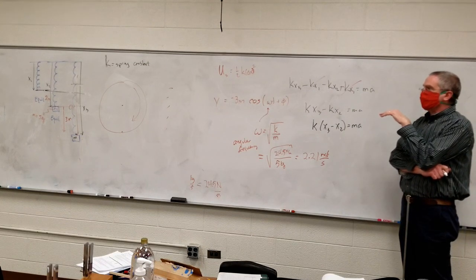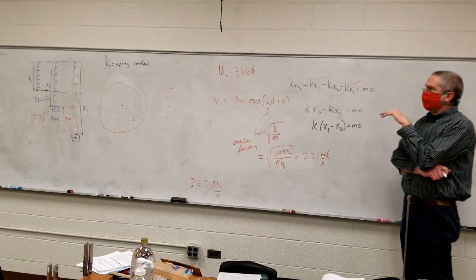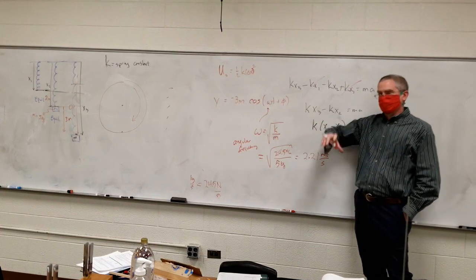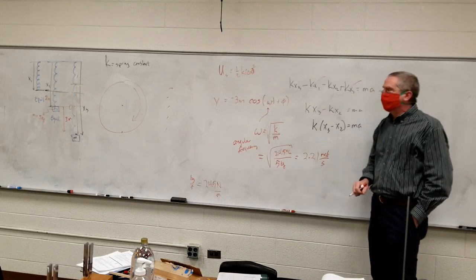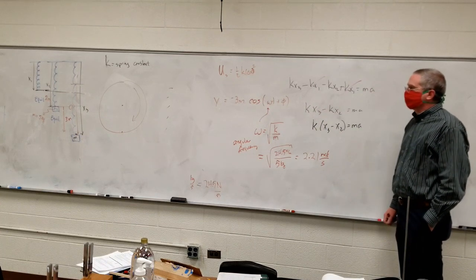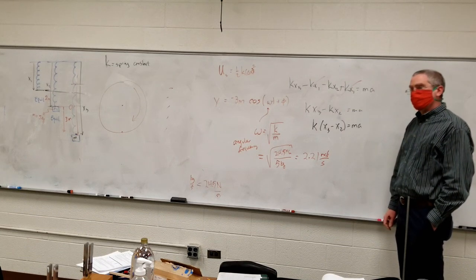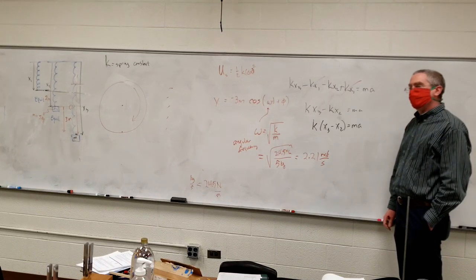If that's the case, then ultimately you could just tack on some number here just to shift the scale up and down. Would it just be 0? It would be 0. Why? Because we define 0 at the equilibrium point.